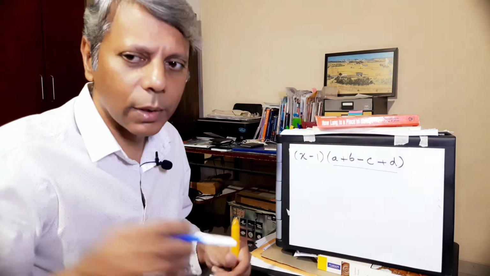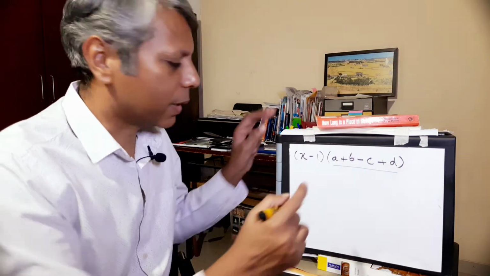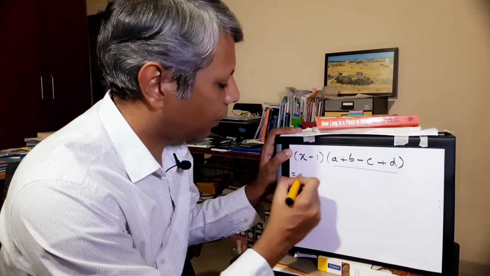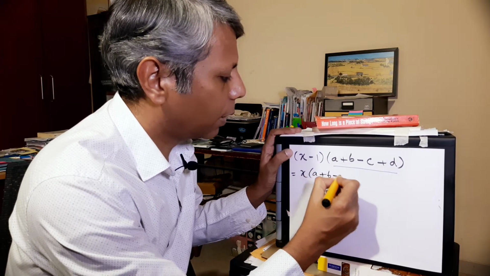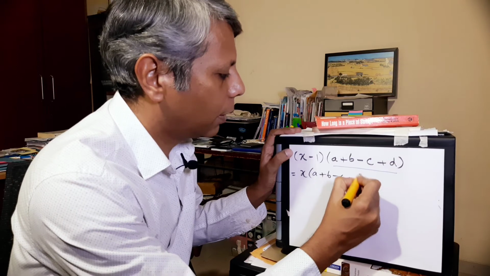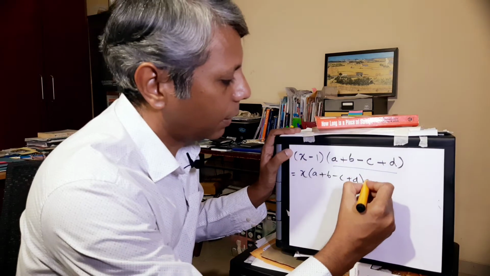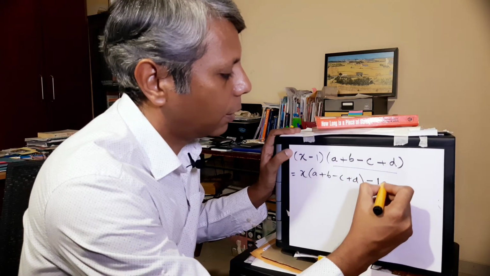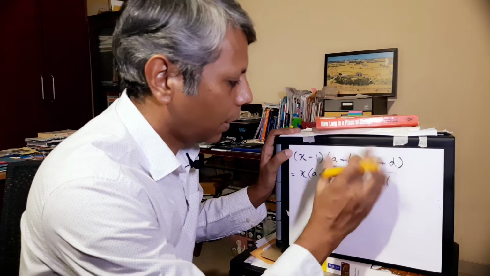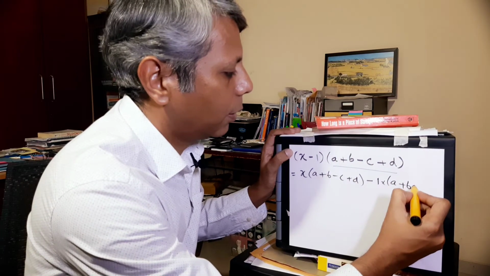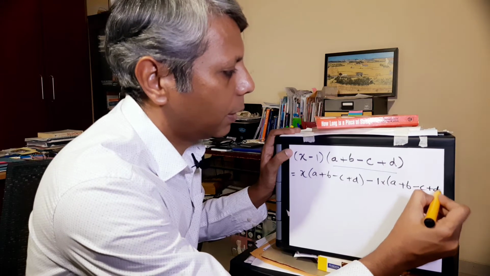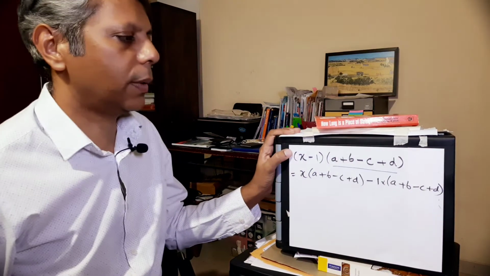So don't get too worried and don't get too confused. I will explain. So this would be x into a plus b minus c plus d, then minus 1 into, again the same thing, a plus b minus c plus d. That's how it would be.